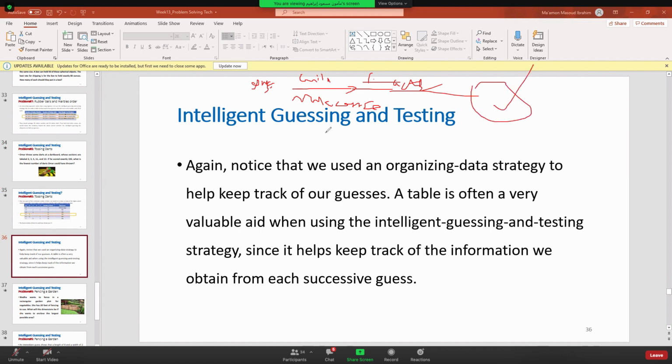Okay, as long as your choices are wide and making sense, you will reach the correct answer faster. Now the third and the last problem here.